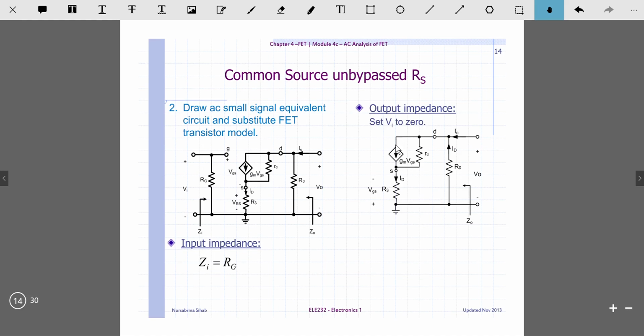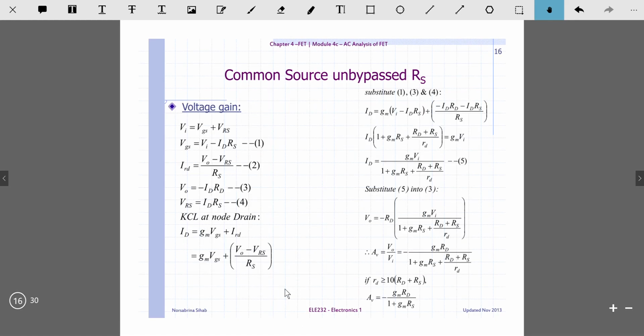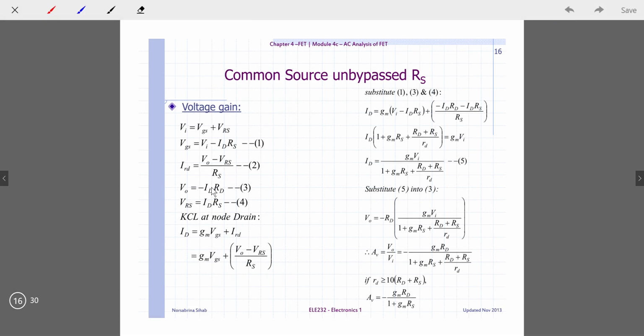The current entering the node, that is GM VGS and also IRD, equals ID. So ID equals GM VGS plus IRD. From there you can get IRD. You know that IRD equals this equation. Remember that you need to change this to RD.